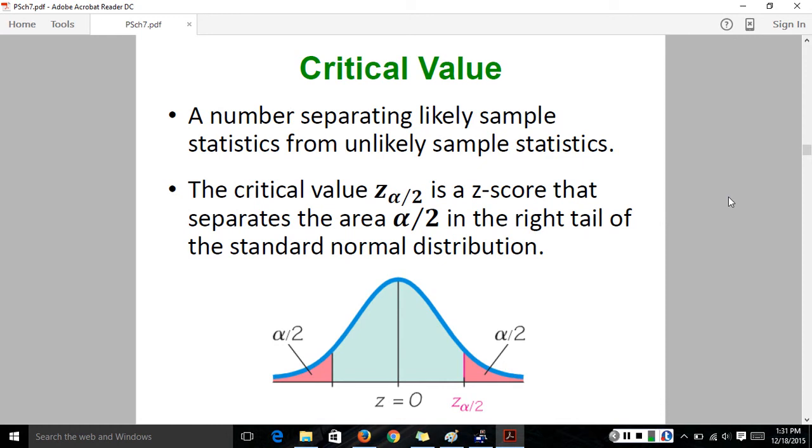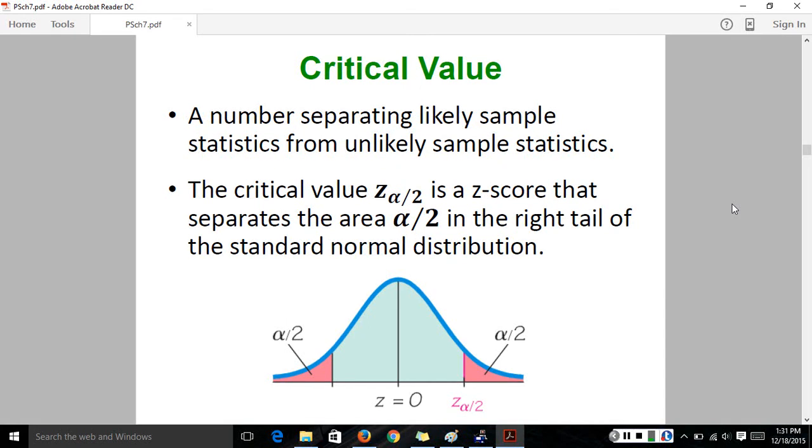The critical value z sub alpha over 2 is a z-score, thus the z, that separates the area alpha over 2 in the right tail of the standard normal distribution. So alpha is the area in both tails combined, and in a confidence interval, the confidence level is the area in the middle of the distribution.